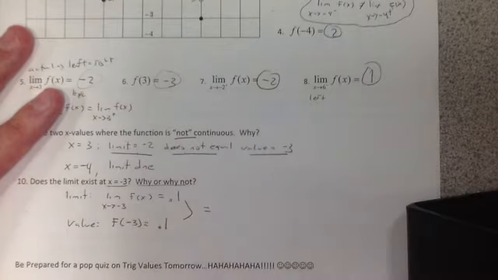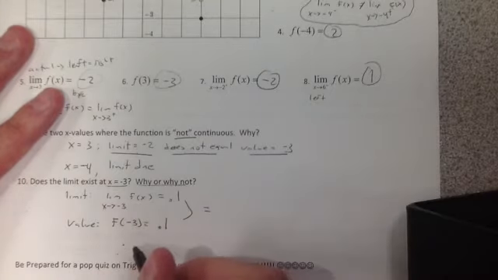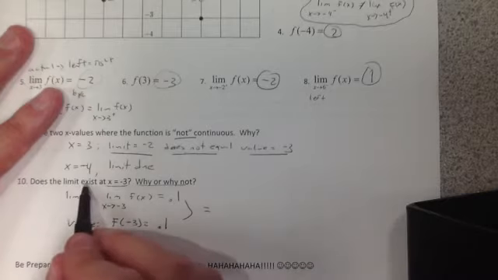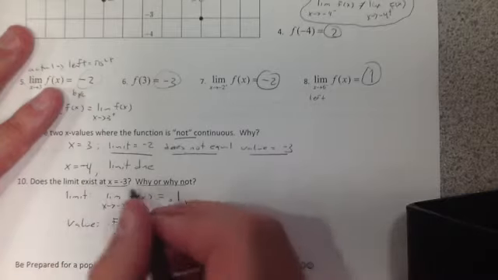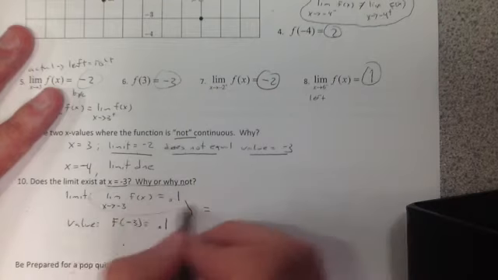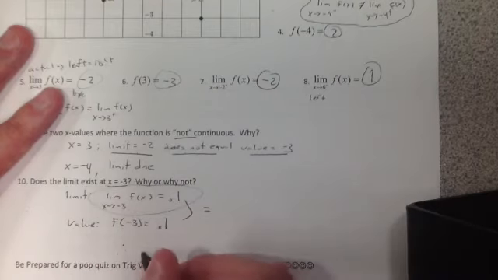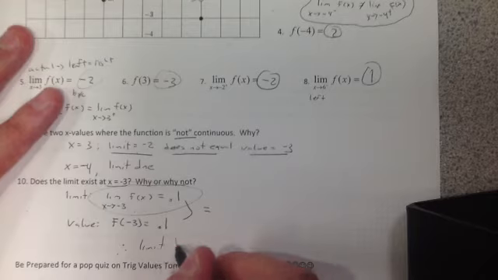Are these equal? Yes. Oh, we didn't want continuity, we just want to find whether the limit exists. So we didn't have to do the value, we just have to look at the limit. Therefore, the limit does exist at x equals -3. Why is that?